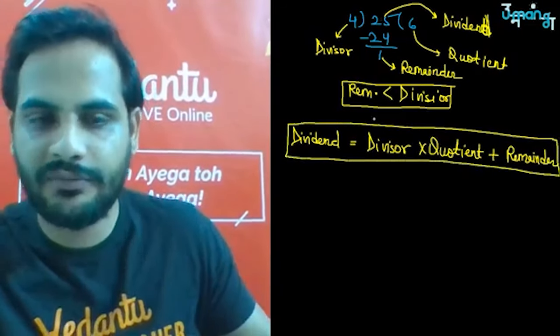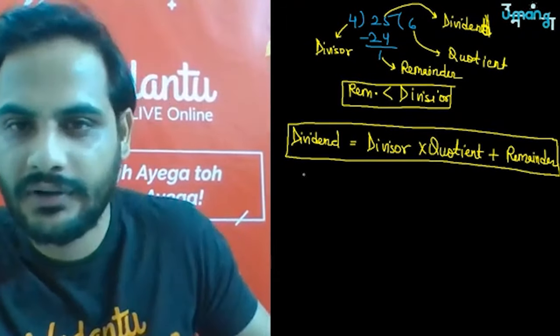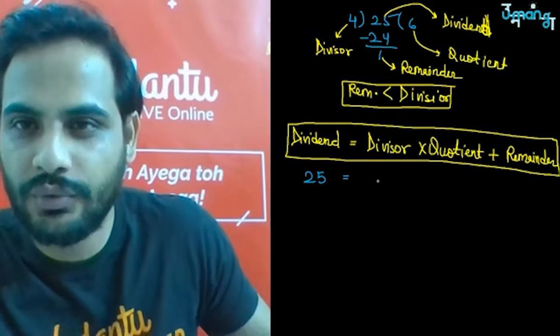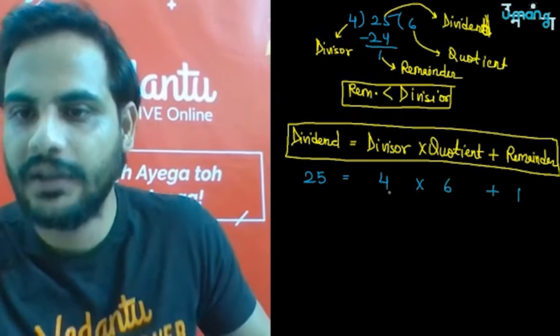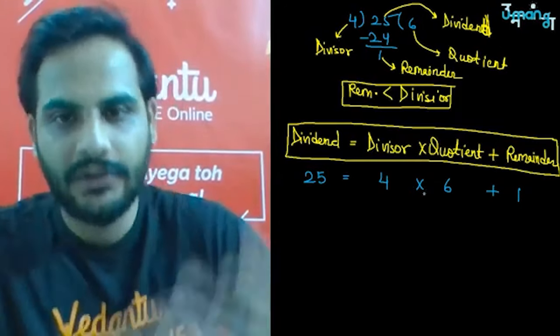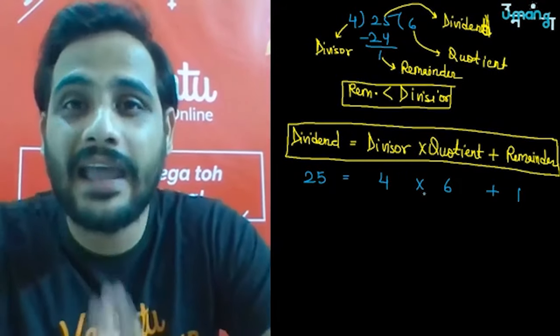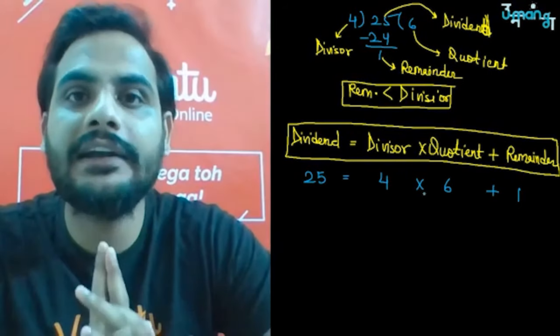For example, for this, I can say 25 is equal to 4, the divisor, into 6, the quotient, plus 1. You know 4 into 6 is 24, plus 1 is 25. So this is followed for any division you want.